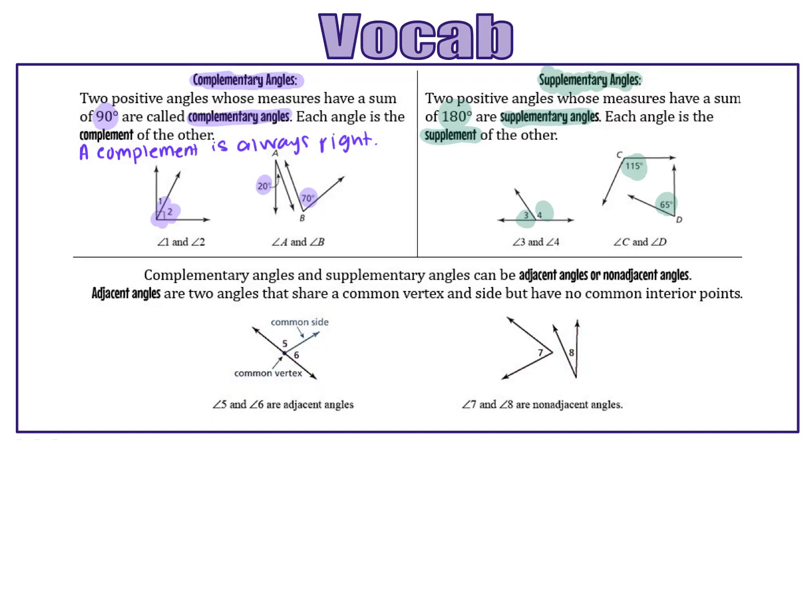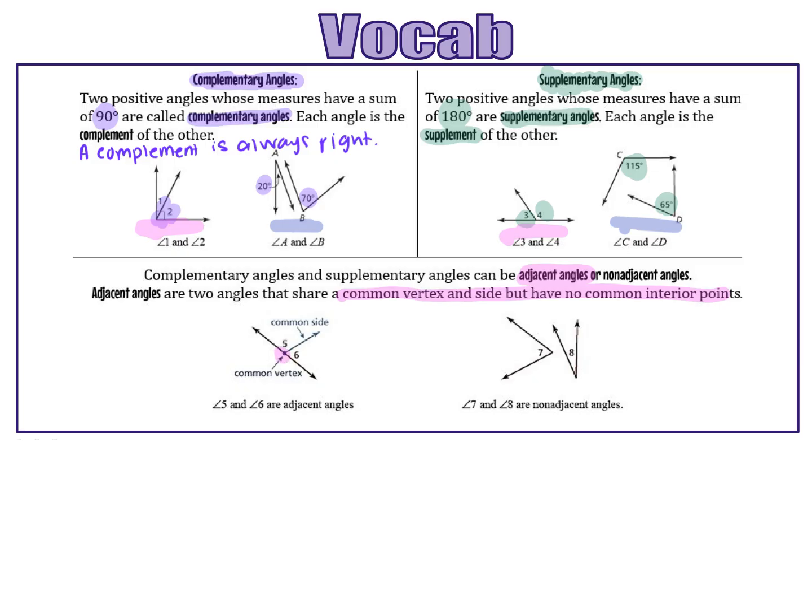The next word is adjacent. So up here we had complementary angles and supplementary angles that were sharing a side, that were touching or connected to each other. We also had complementary and supplementary angles that were completely disjoint, not connected at all. And there's a word to describe this type of relationship, and that is called adjacent. So adjacent angles are angles that share a common vertex and a side, but they don't have any points in common.